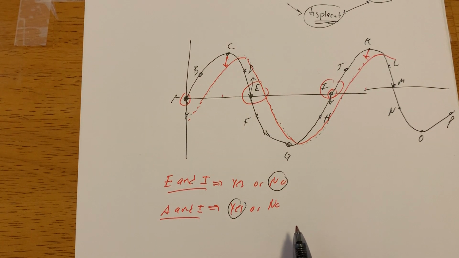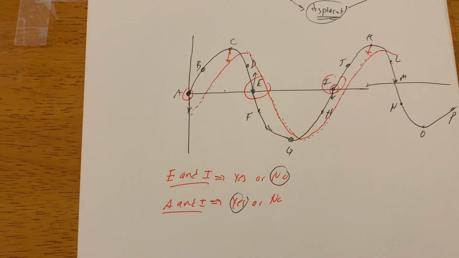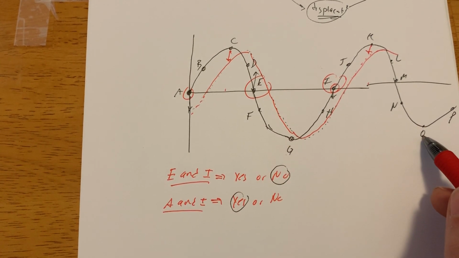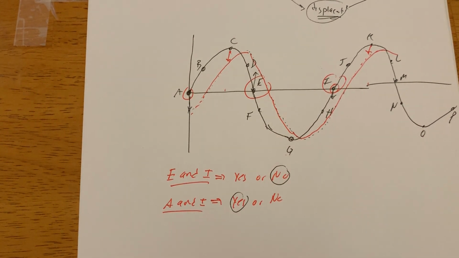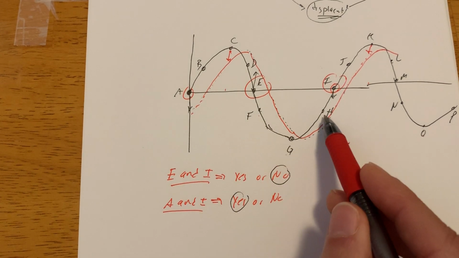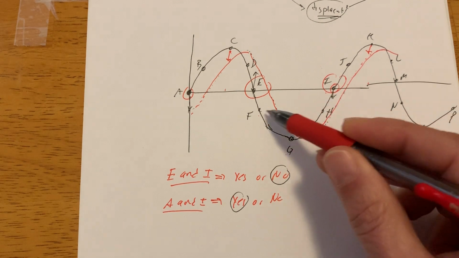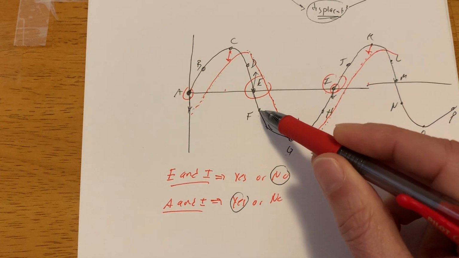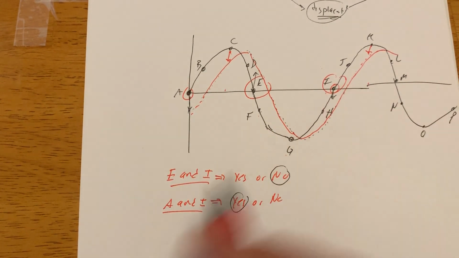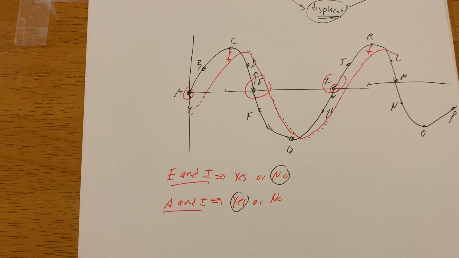So C and K are, in fact, in phase. How about G and O? G and O are also in phase. What about F and H? Well, no. They have the same displacement, but they are going in opposite directions. So no, those are not in phase.